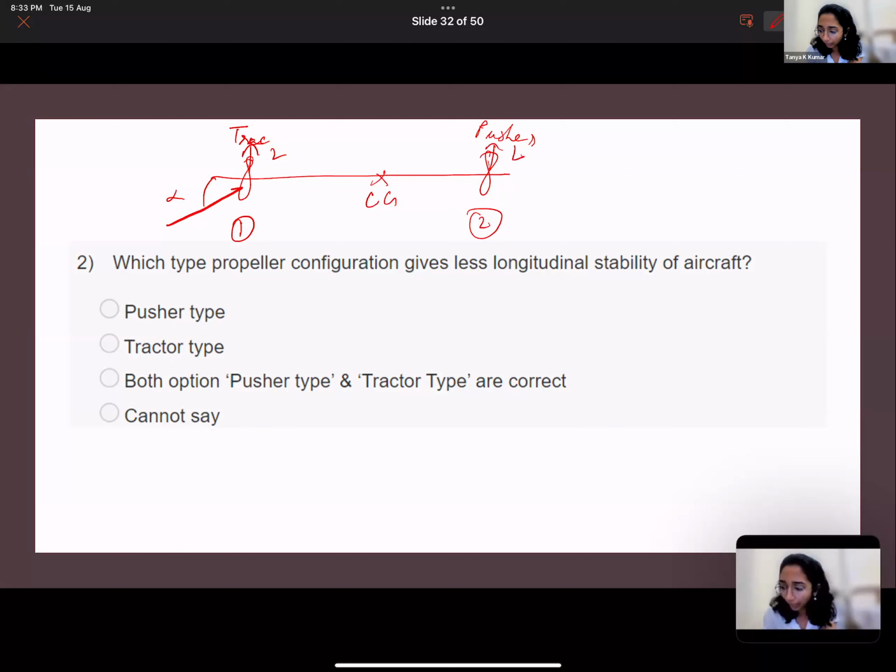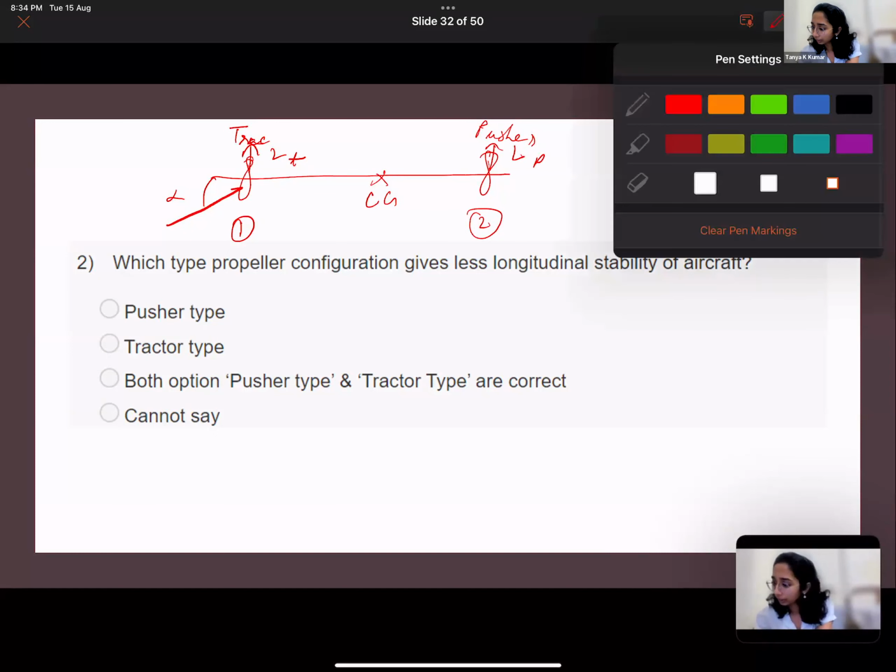Now the tractor lift produces pitch up or pitch down at CG? Let me just erase this.